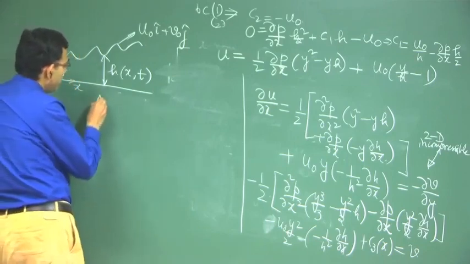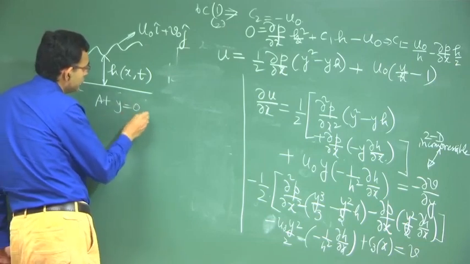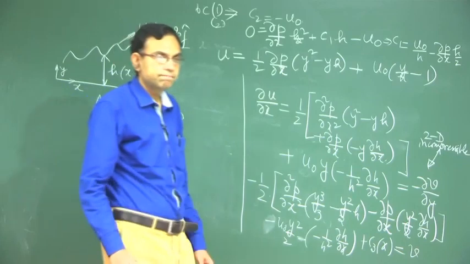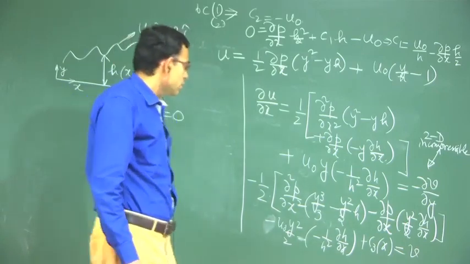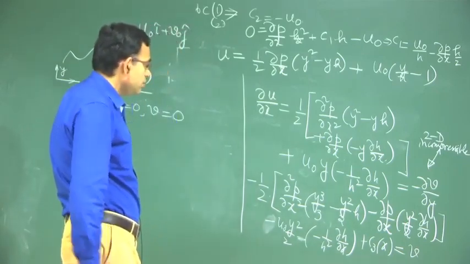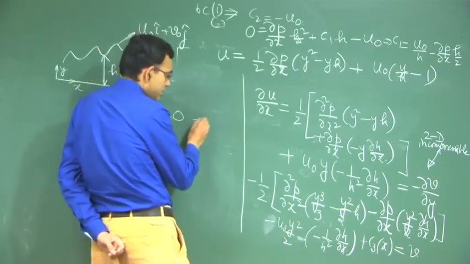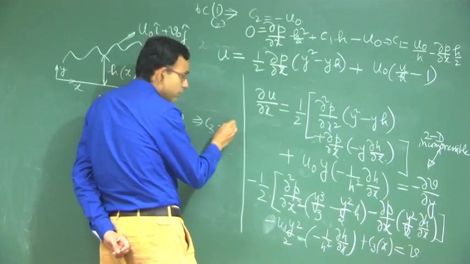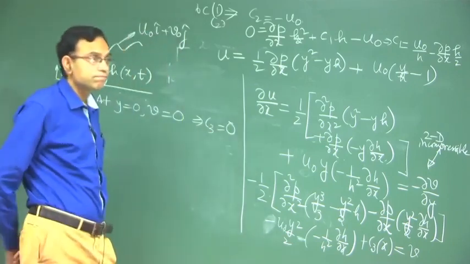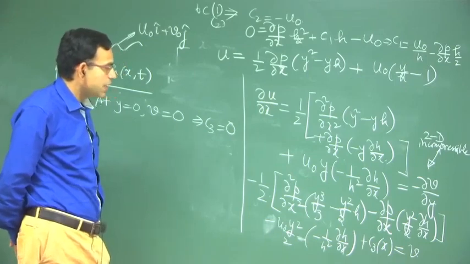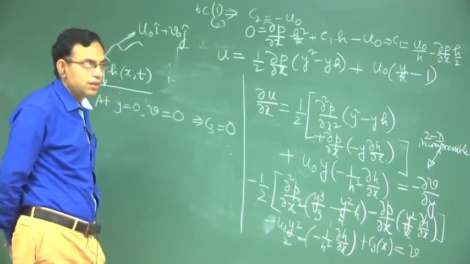So, at y equal to 0 V is 0, this is that no penetration boundary condition. So, at y equal to 0, if you put V equal to 0, that means C3 will be 0, right.